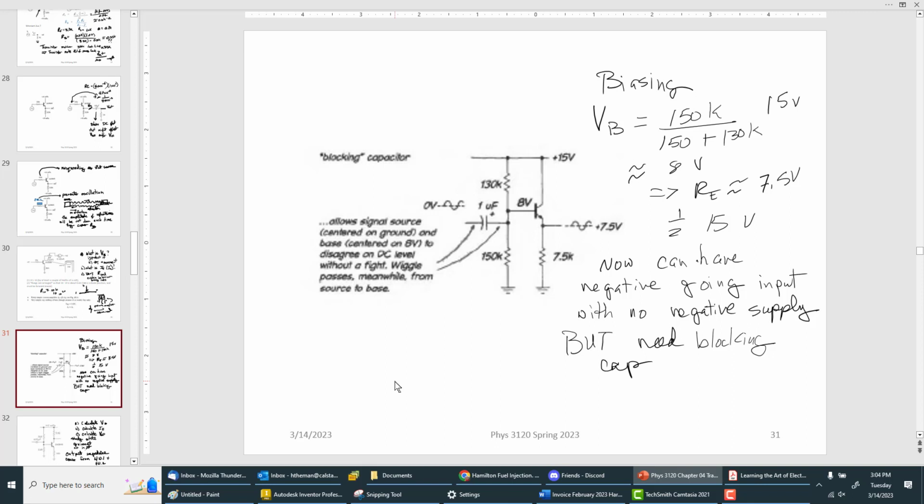So we need the center output, the input has to be 0.6 volts above it.